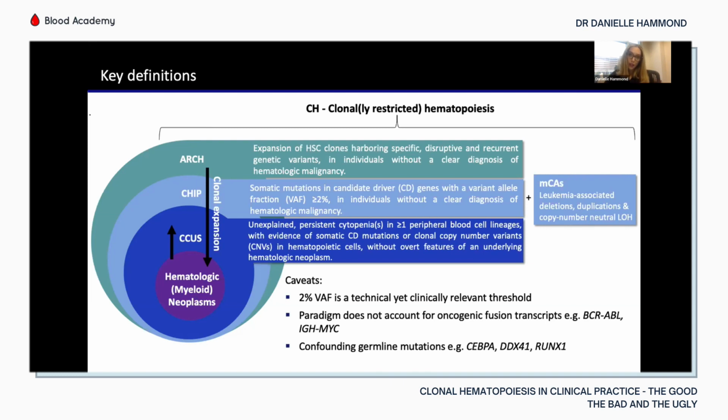And so CCUS is where there are now, and very importantly, otherwise unexplained cytopenias. So there has to be an exhaustive investigation for alternative etiologies for the cytopenias that are therefore causally associated with these underlying either recurrent somatic mutations or chromosomal alterations.